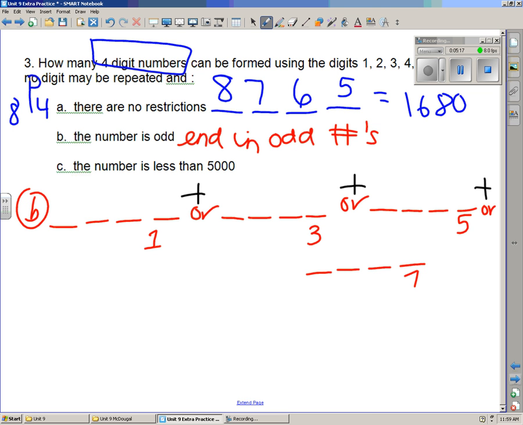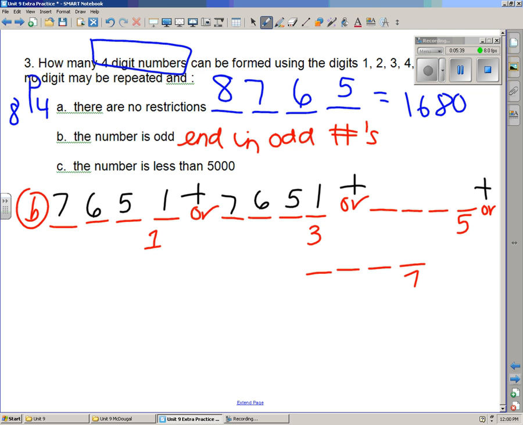Well, in my digits 1 through 8, there is one number 1. Once I use the number 1, I've got 7 numbers left to choose from, then 6, then 5. If I want my number to end in 3, there's 1, 3. Once I use 3, there are 7 numbers left to choose from, then 6, then 5.